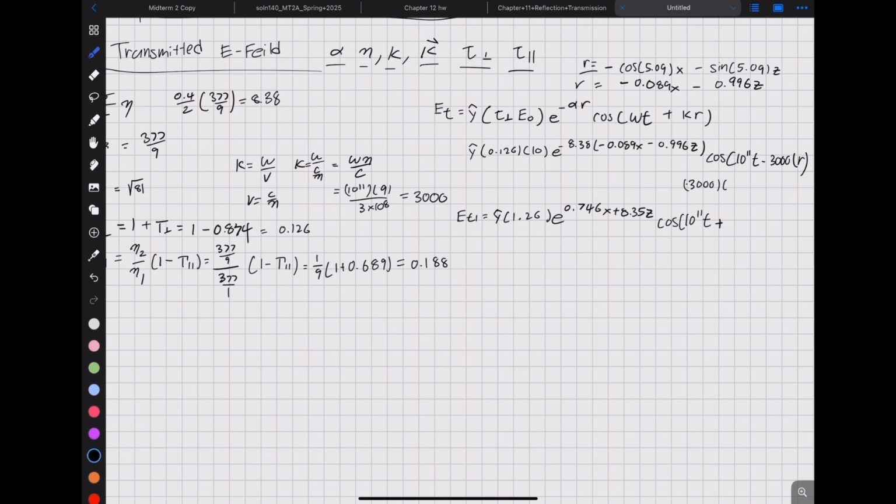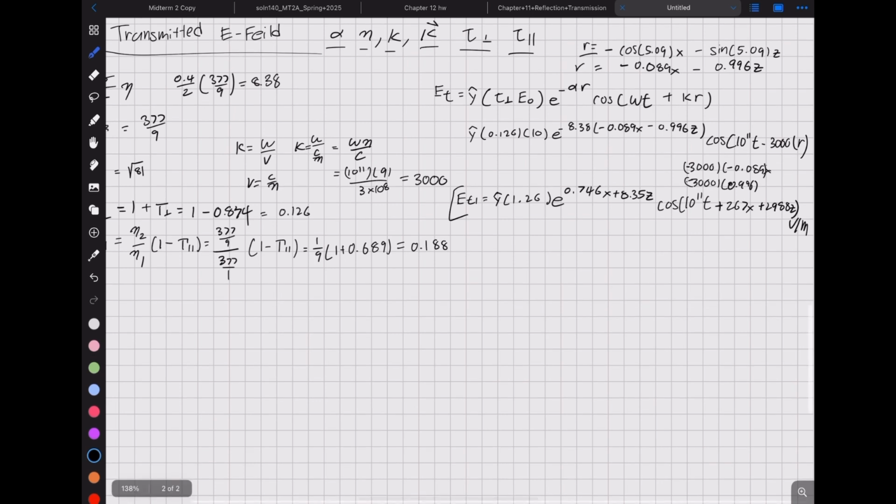Remember it's negative 3,000 multiplied by negative 0.089x, so we end up with 267x, and then 3,000 multiplied by 0.996 is going to end up with 2988z. And this is in volts per meter. So that's our ET of 1.